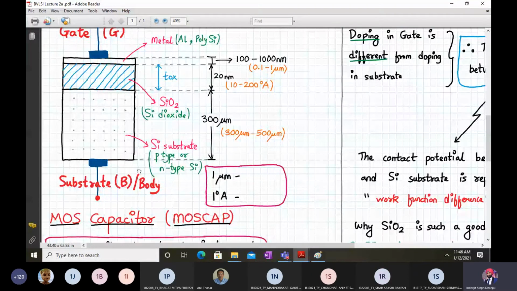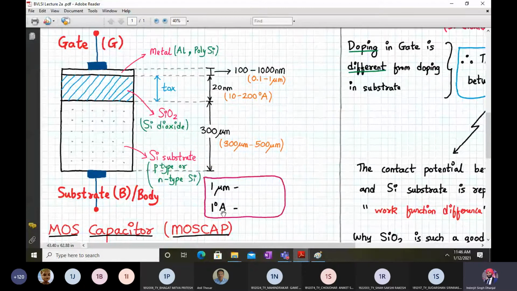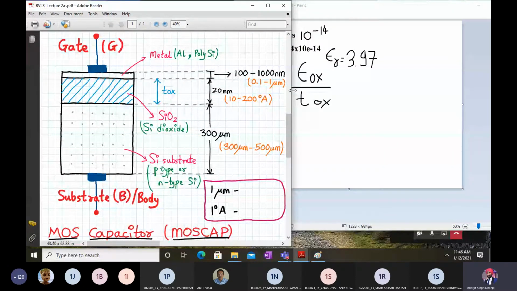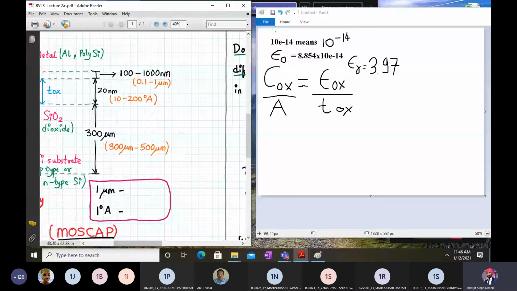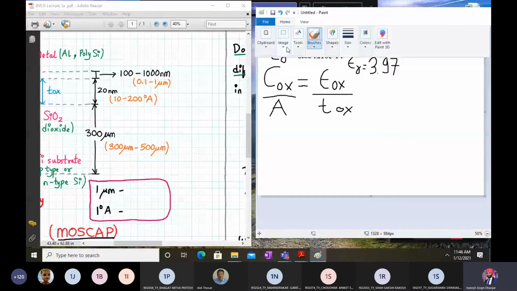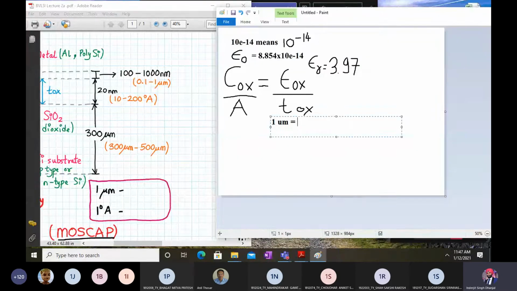So we can write over here, 1 micrometer is equal to 10 raised to minus 4 centimeters. So I'm writing 10e minus 4 centimeter. Okay, so please remember that.